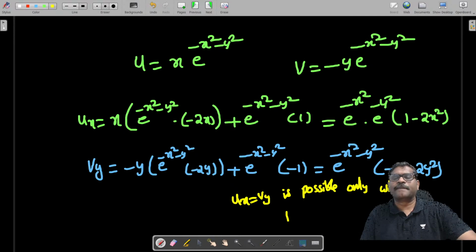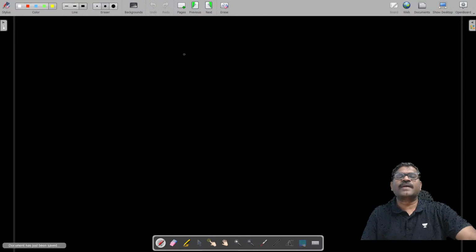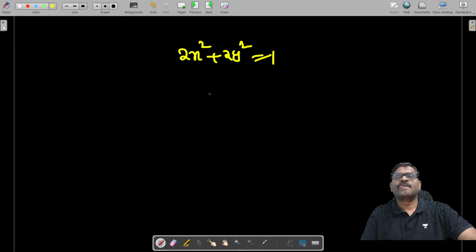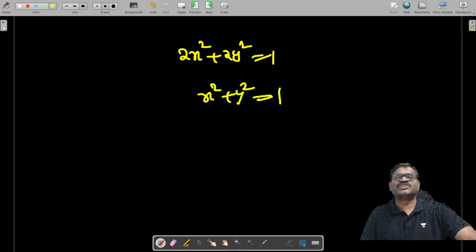only when 1 minus 2x square equal to minus 1 plus 2y square. Okay, na? 2x square plus 2y square equal to 2. x square plus y square equal to 1. Sir, x square plus y square equal to 1 means mod z equal to 1, na?